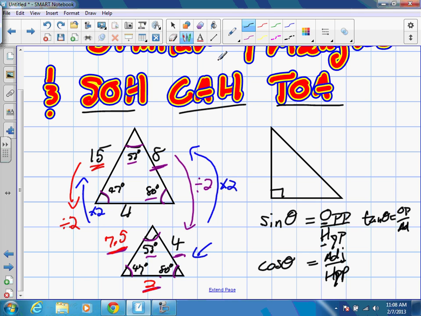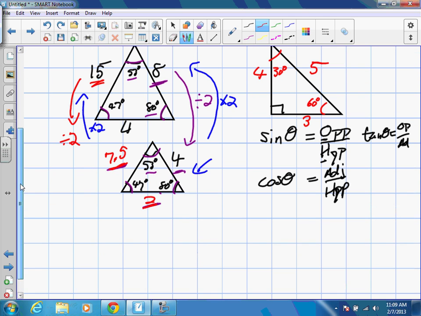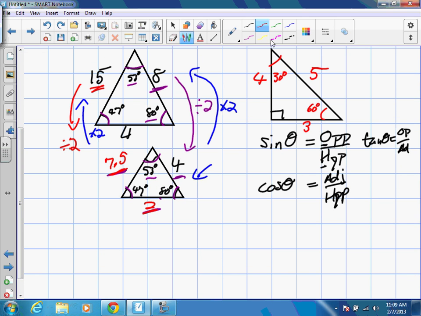I'm just going to make up a triangle. Let's say this is 3, 4, 5, and this angle here happens to be 60 degrees, which means this would be 30. I just want you to be able to set up a ratio. Tell me what the ratio of sine 60 would be.